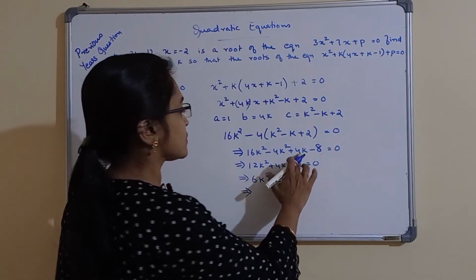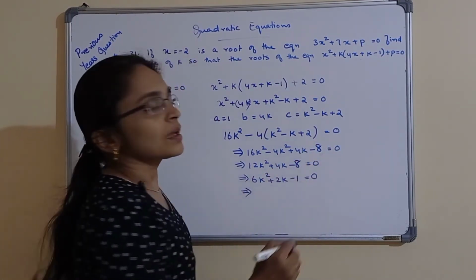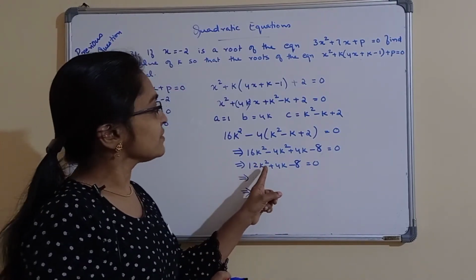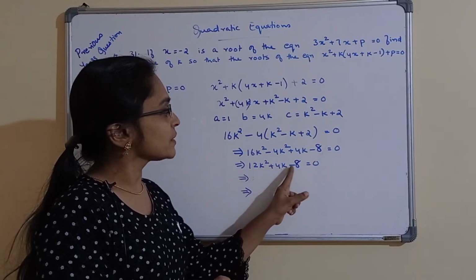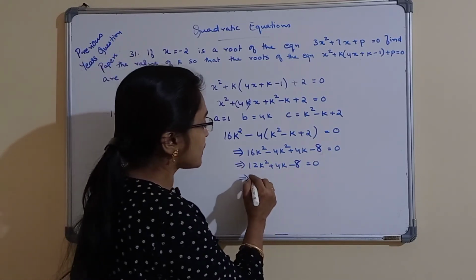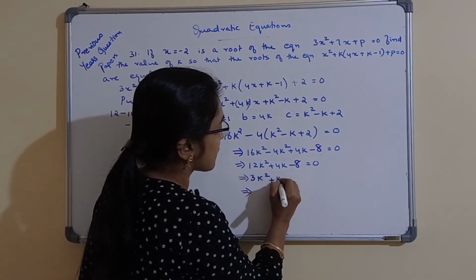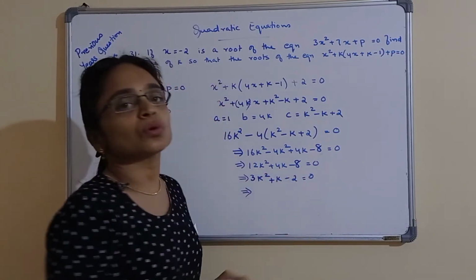Which implies 12k square plus 4k minus 8 is equal to 0. So here we can divide this by 4 because in all these terms 4 is common. When we divide this by 4, we will get 3k square plus k minus 2 equal to 0.